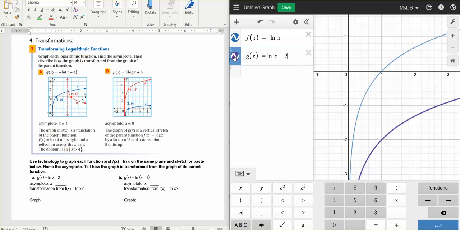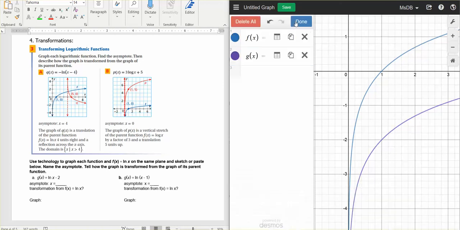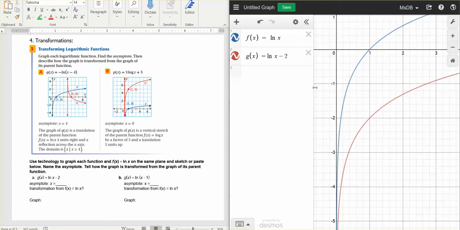And I'm going to turn the color red so I can see it easier, because the blue is kind of hard to see. I clicked on this edit button, then click on the color, and then I'm going to pick red. And now it's red.